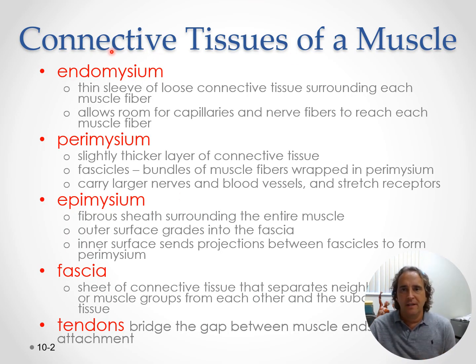So when you're sitting here looking at this slide, we don't necessarily have this model anywhere in the lab. This is the closest thing we have to it, and this really isn't the muscle you'd want to use for this. But endomysium, perimysium, epimysium, fascia, and tendons are important, because it's good to know how the individual muscle fibers are bundled.